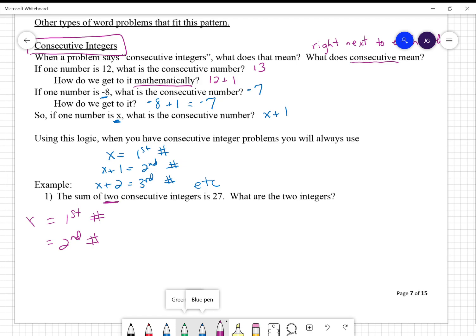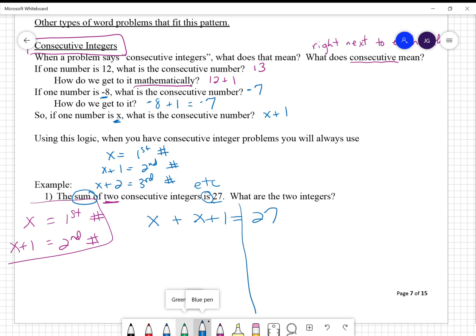Well, my first one is x, my second one is x plus 1. The sum is 27. So x, my first number, plus, because sum means to add, my second number, equals 27.